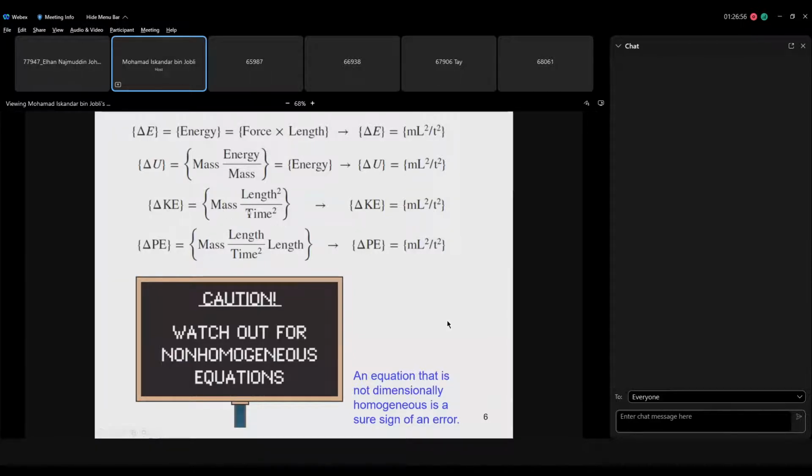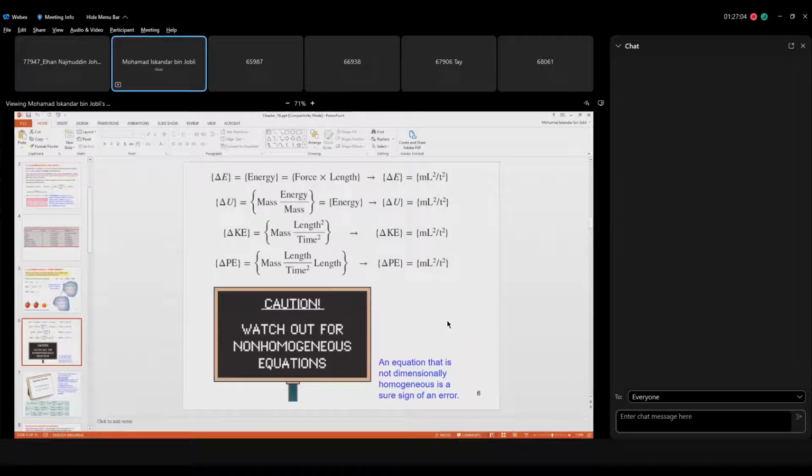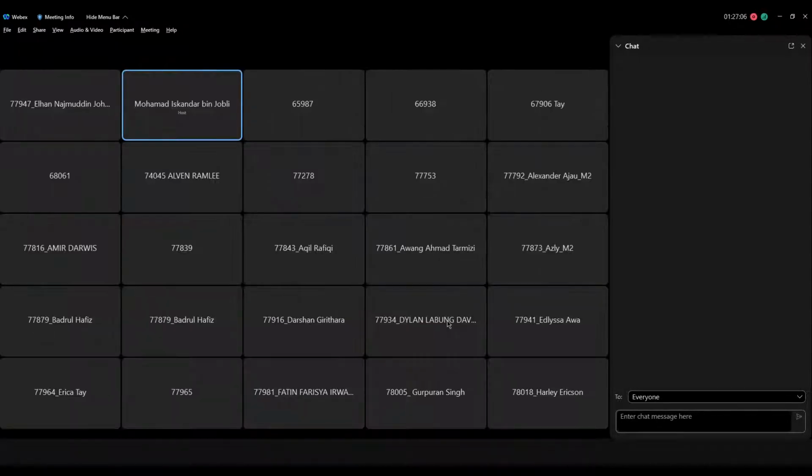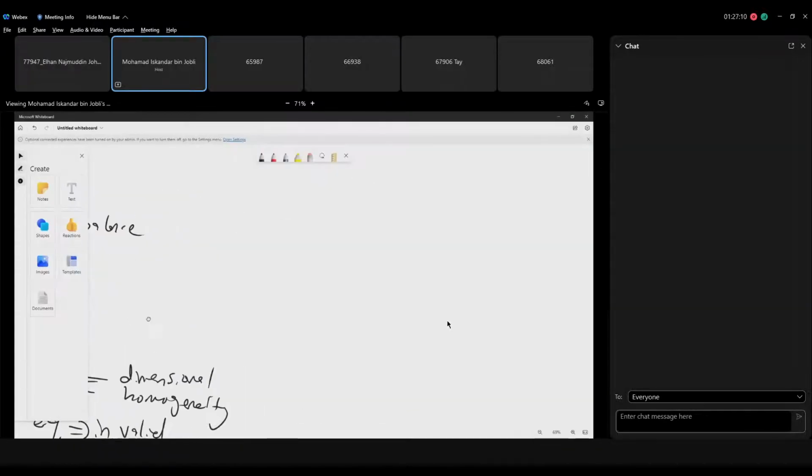Now, define v square. I think they jump around, you know. I'll help you out with half mv square. Let's do it together. Where's my pen?